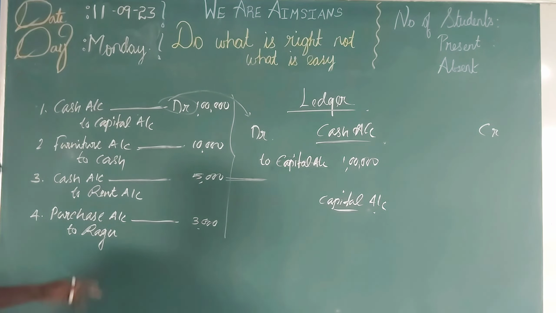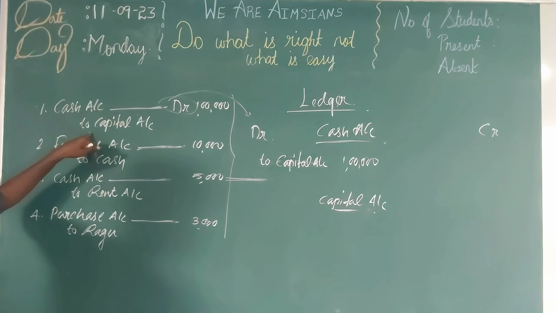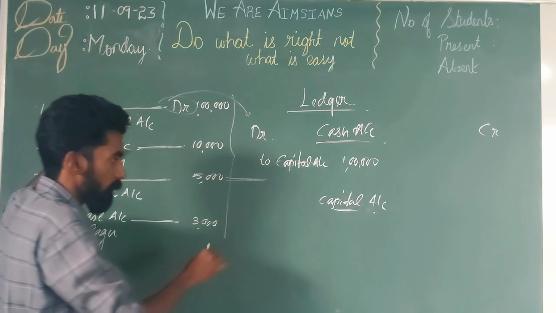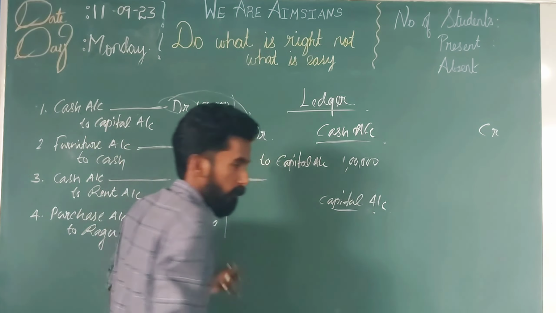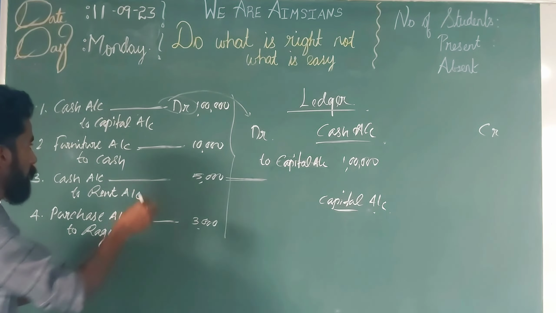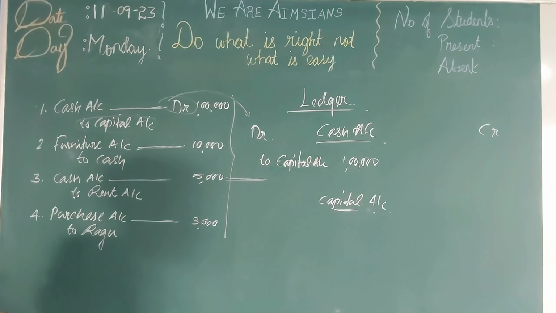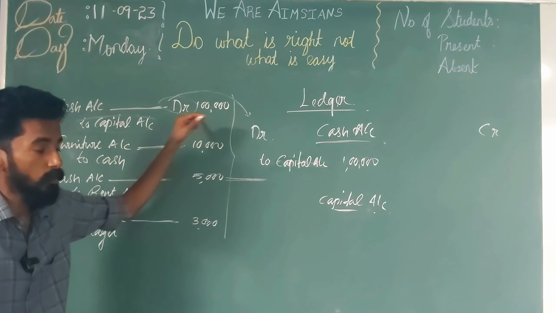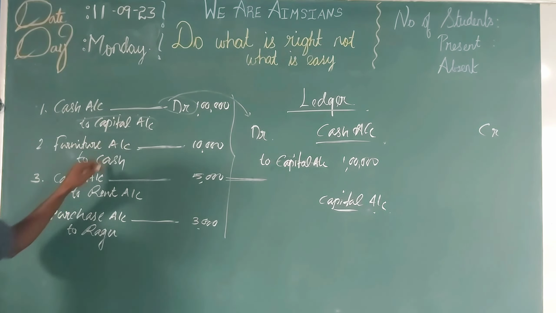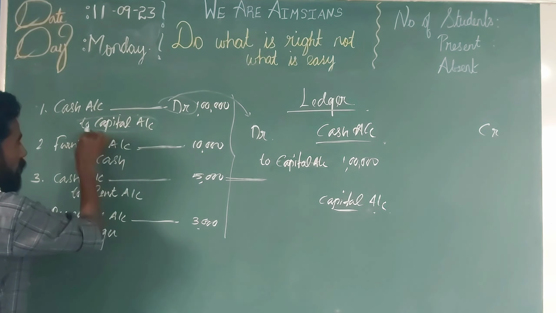So what is the transaction? Cash account debited to capital account. In the capital account, which side do we need to post? Here, have we debited or credited capital? The entry is cash account debtor to capital, so the capital account we have credited.